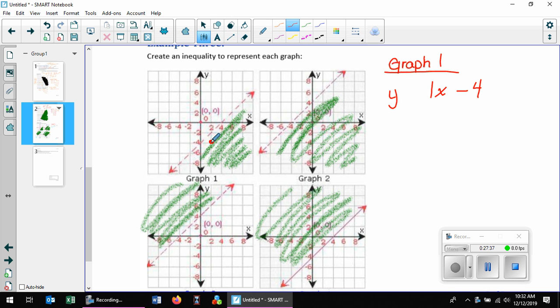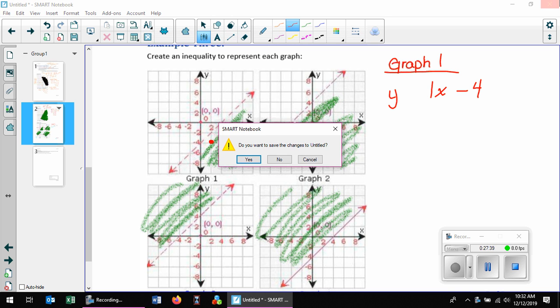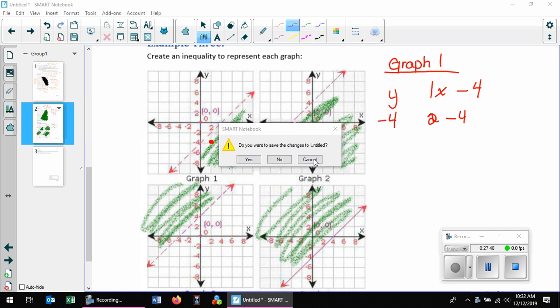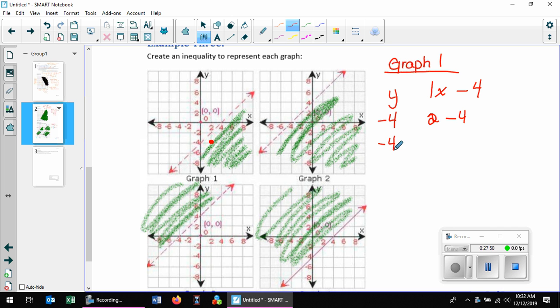So I'm going to substitute those values in. So negative 4, and we have 2 minus 4. So negative 4 and negative 2. Create an inequality that will make a true statement. Okay.